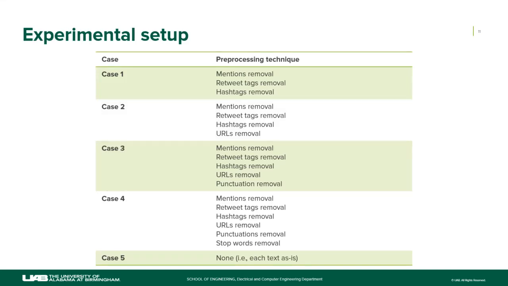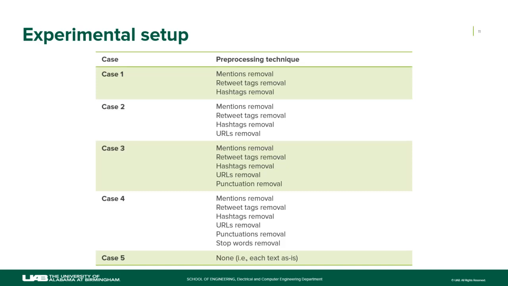Here's our experimental setup for this study. We considered having 5 different cases. In each case, we combine more than one pre-processing technique. In case 1, we considered 3 different common pre-processing techniques: mentions removal, retweet tags removal, and hashtags removal.